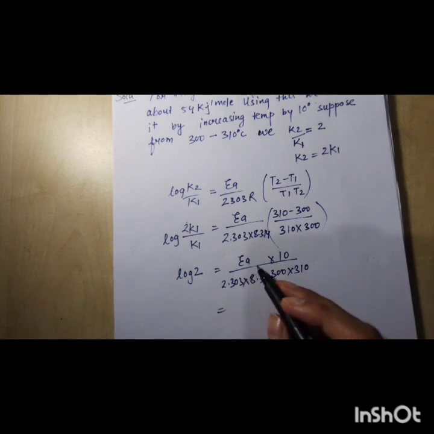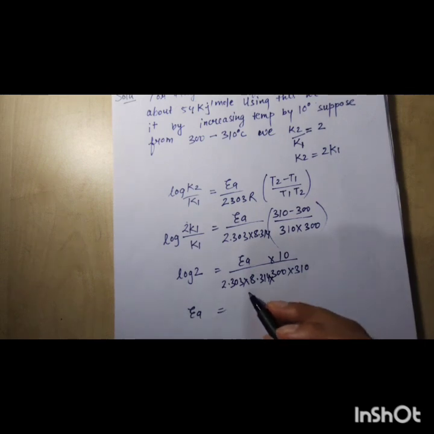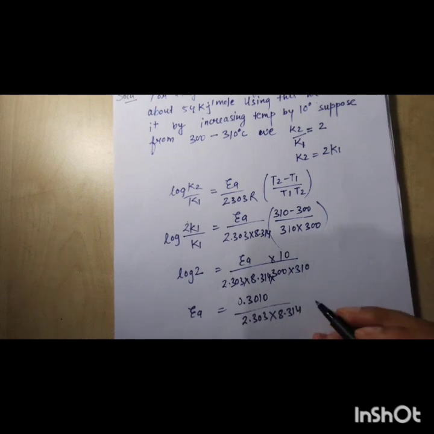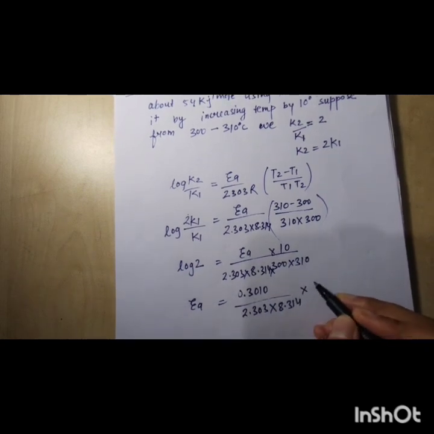And here after solving we put EA toward this side, EA, and log 2 value is 0.3010 upon 2.303 into 8.314 into 10 by 300 into 310.